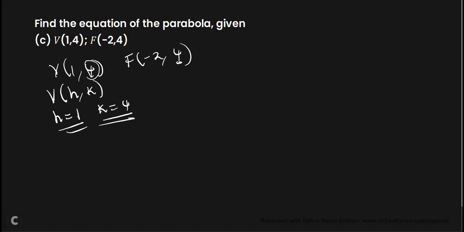So if 4 is the same in the y-axis, that is your hint that the equation is moving in the x-axis. Because in the x-axis there is a change, but in the y-axis there is no change.